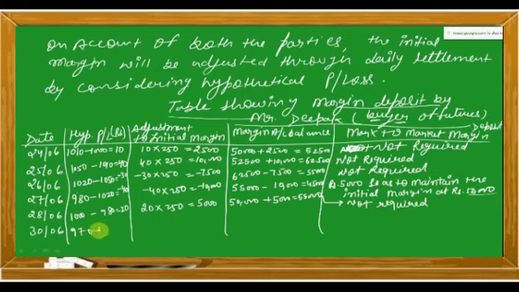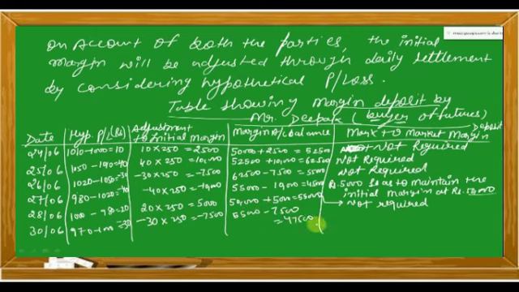minus 1000, negative 30. So negative 30 multiplied by 250 is negative 7500. The balance was 55,000 minus 7500, which comes down to 47,500.